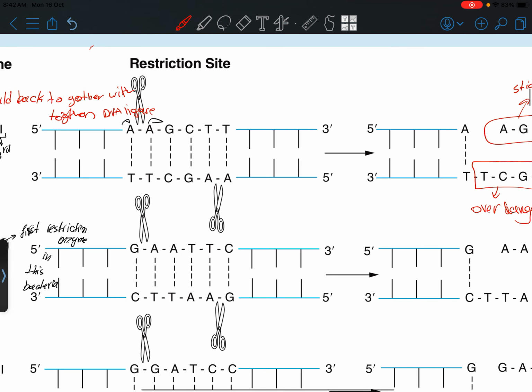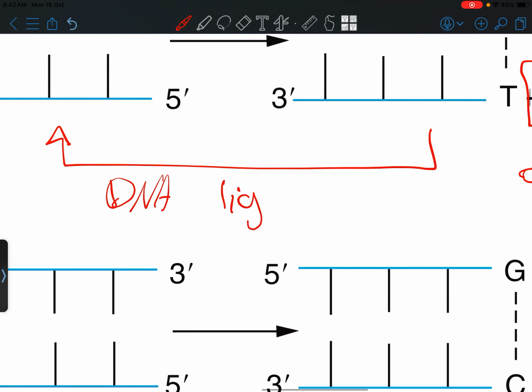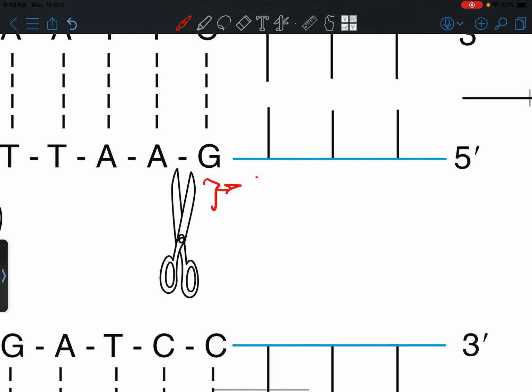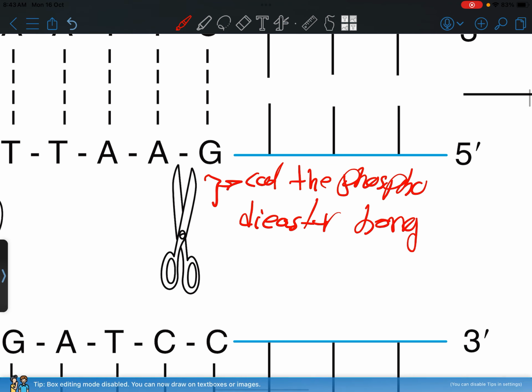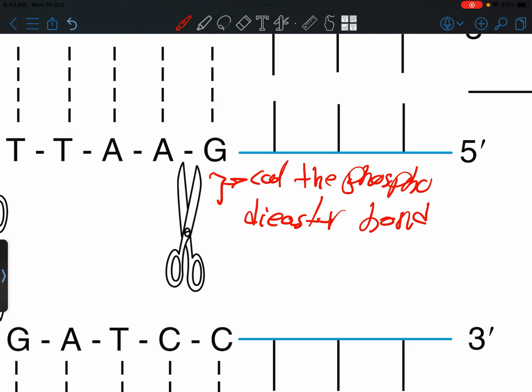Now, the DNA ligase, all what it does is that, as you can see here, the restriction enzyme cuts this phosphodiester bond and this phosphodiester bond, which removes the A from the T, the G from the A, and this G from the A. But this overhang that you see here is complementary to this overhang, which means they can base pair using which type of bonds?